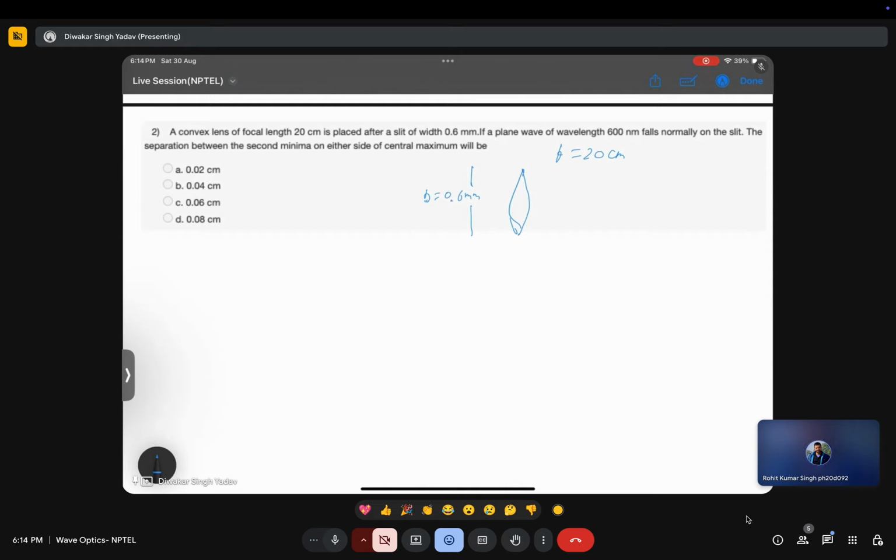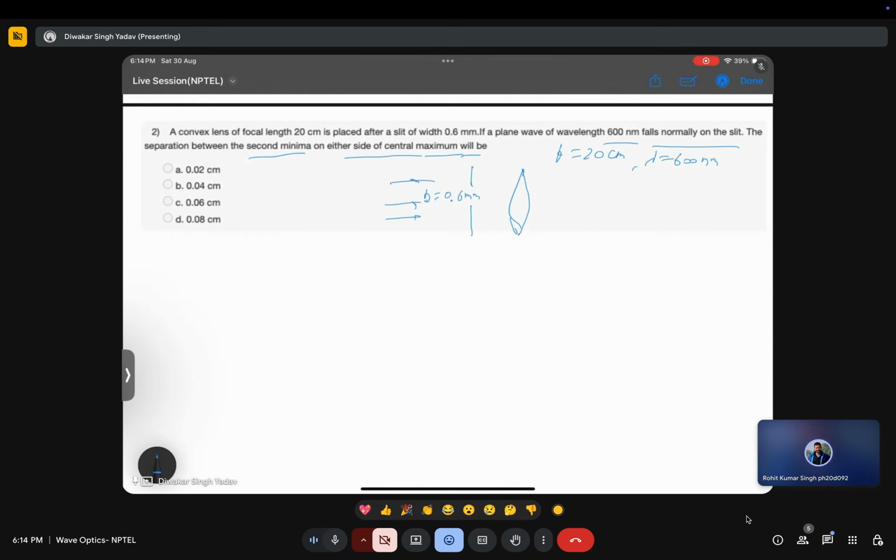Now if a plane wave of wavelength 600 nanometer, so lambda is 600 nanometer, falls normally on the slit, the separation between the second minima on either side of the central maxima will be.